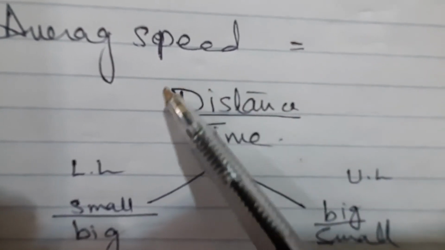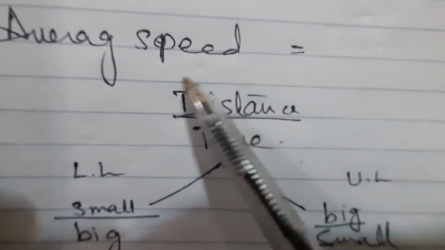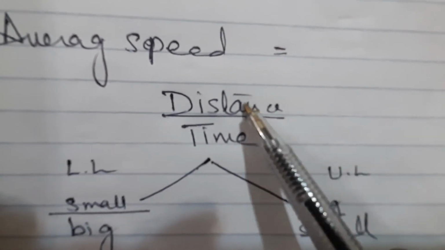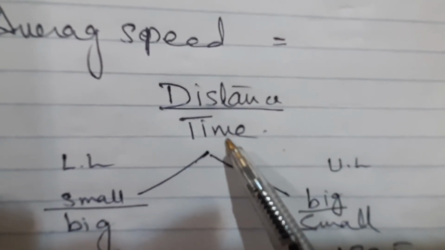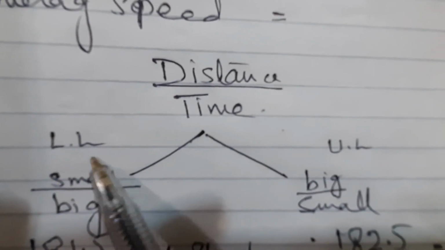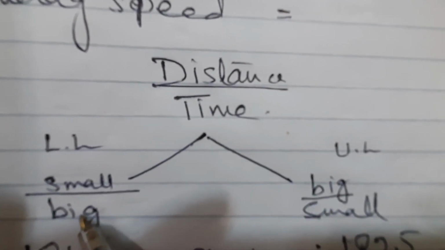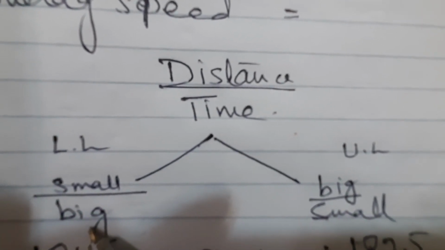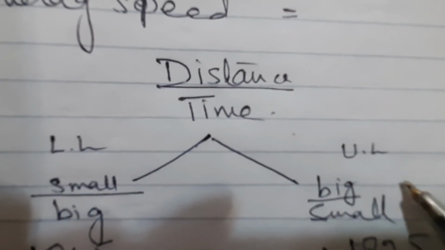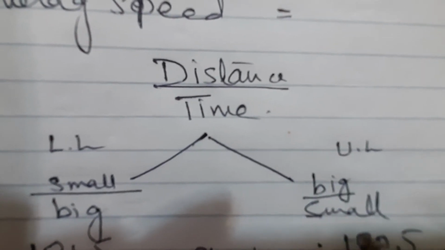Now if I want this answer big, which is my upper limit, I want a big number here and a small number here. Does this make sense? I'm repeating, for lower limit, distance should be small, time should be big. A small number divided by a big number will give me a small answer, and a big number divided by a small number will give me a big answer.